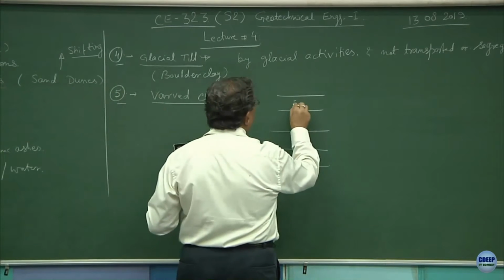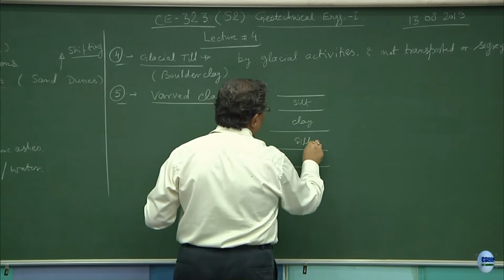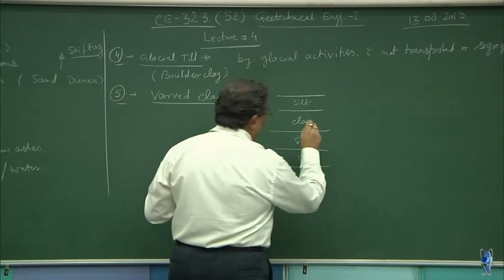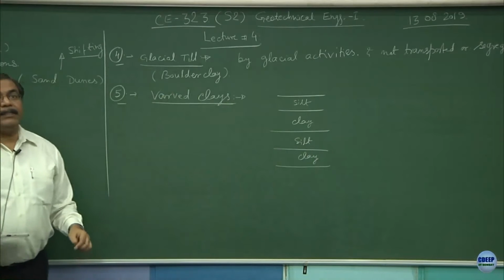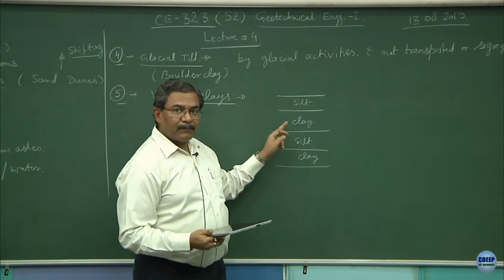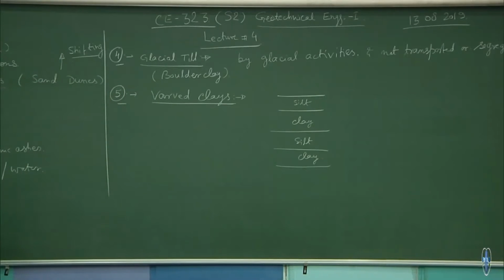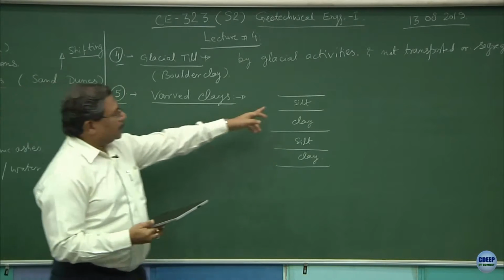So, if you have silt, clay, silt, clay, we will discuss in details what is meant by silt, what is meant by clay. So, today I have introduced another term in the realm of soil mechanics, that is silt.